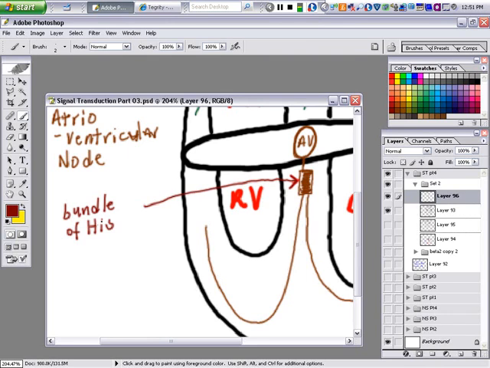The ventricle is a special beast, and so it has its own nerves in it. And these nerves, well, let me give you the name of these nerves, or these fibers. Anybody have any idea what they're called? Exactly, Purkinje fibers.